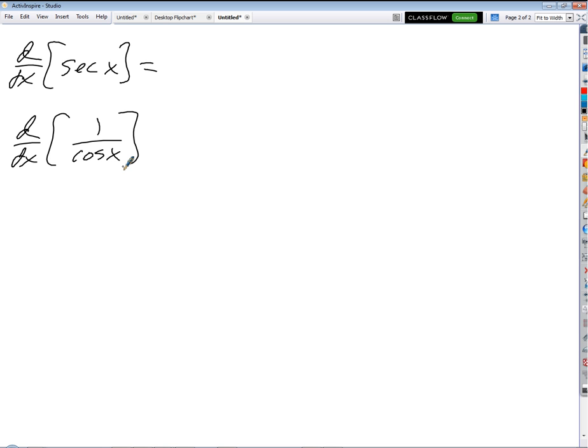Good. So now compare this to what we would do if we had just a non-trig derivative. What if we had the problem y equals 1 over x, and I want to find y prime? X to the negative. I would just write that as x to the minus 1 and use the power rule, right? Much easier than the quotient rule.